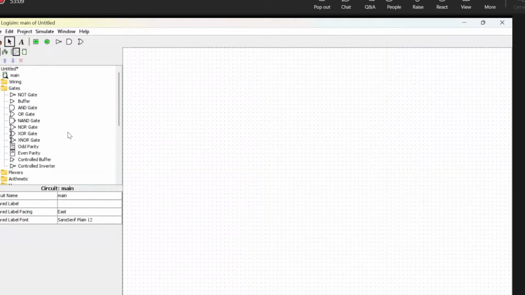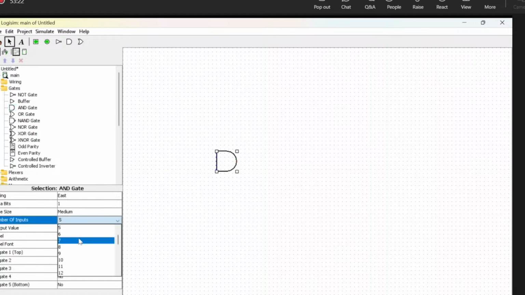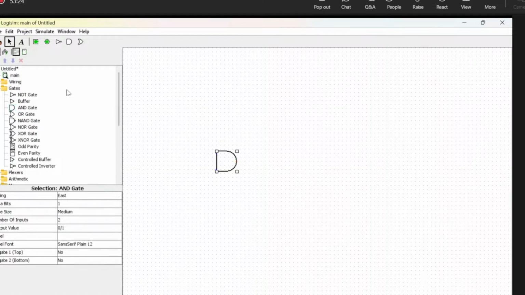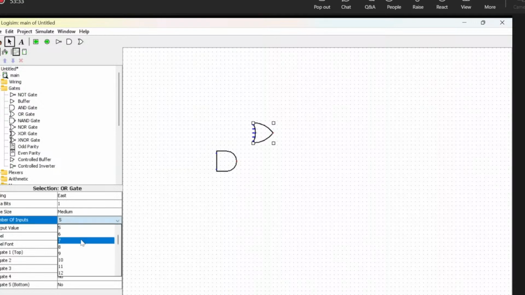For that, first I'm going to take an AND gate, and this will have two inputs, and I'm going to take an OR gate, and this will also have two inputs.